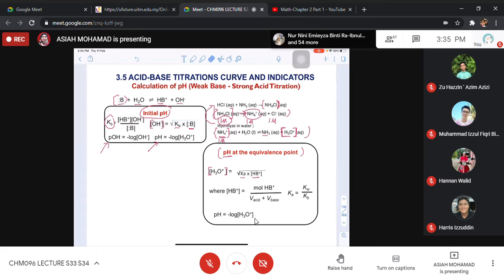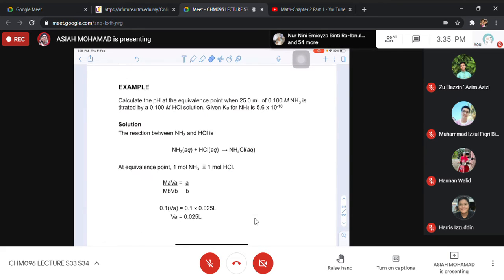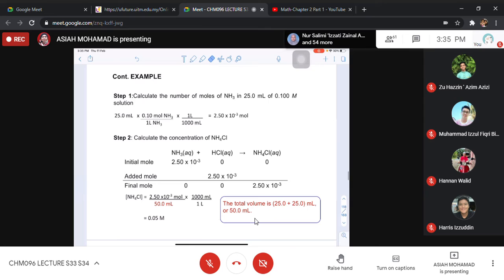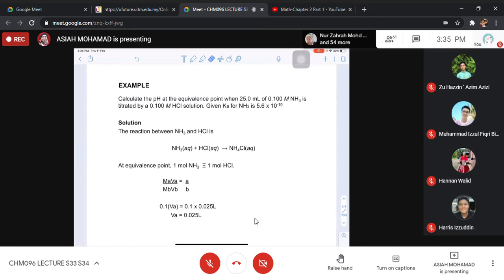If you construct the table like this one, you use 25 milliliter of 0.1 molar ammonia and 0.1 molar HCl. So the reaction is 1 to 1, we do expect 25 milliliter of HCl.